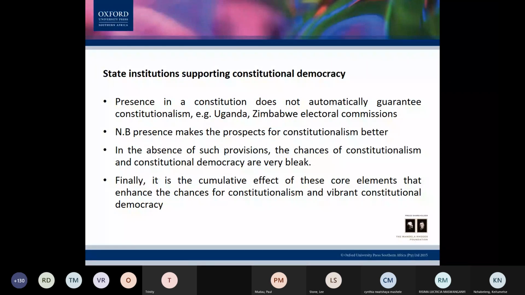I can give the example of Uganda and Zimbabwe, where electoral commissions as well as other state institutions that are supposed to support constitutional democracy are just there to rubber stamp the decisions of those who exert political will. Over the years, the electoral commission in Zimbabwe has functioned in a very political partisan manner.